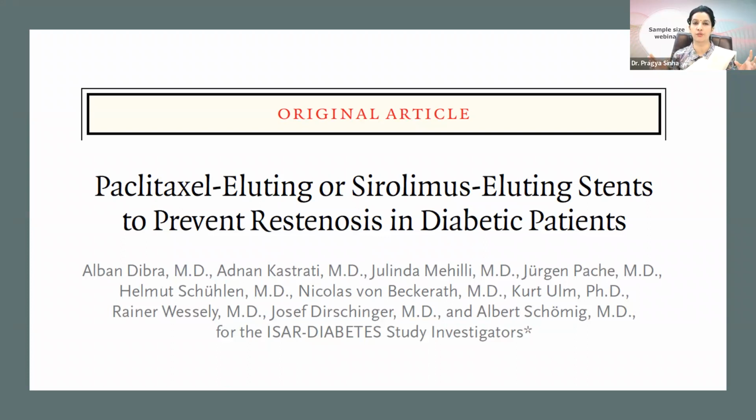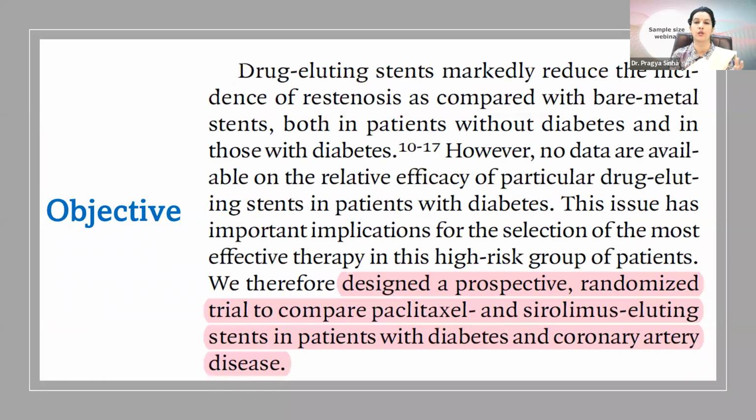And the two treatment arms are the paclitaxel eluting and the sirolimus eluting. Sirolimus eluting was the standard stent, and this author wanted to test the paclitaxel eluting, and this is a type of non-inferiority trial. So I'll just read this out. Drug-eluting stents markedly reduce the incidence of restenosis. I have just taken the excerpts from the journal.